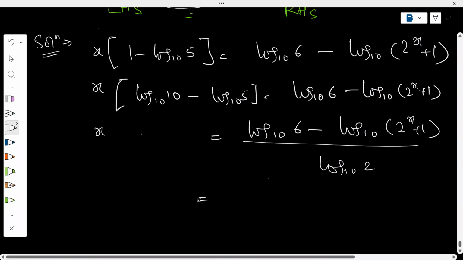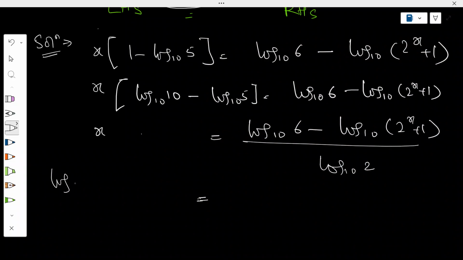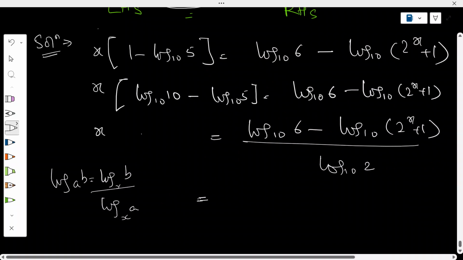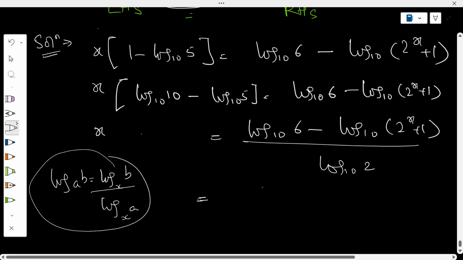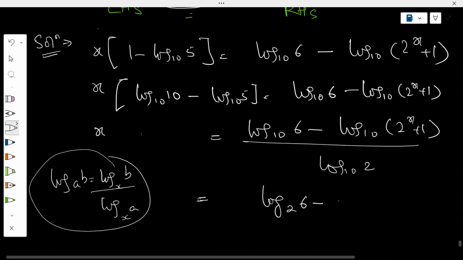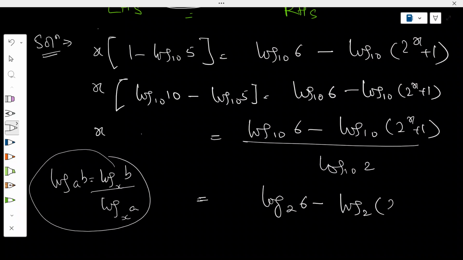Then what we can do is use this property that log base A of B can be written as log B over log A, and whatever common base we have will disappear and this number will come into the base. Okay, this is the property we are using. So this would be equals to log base 2 of 6 minus log base 2 of 2 to the power x plus 1, and this would be equals to x.